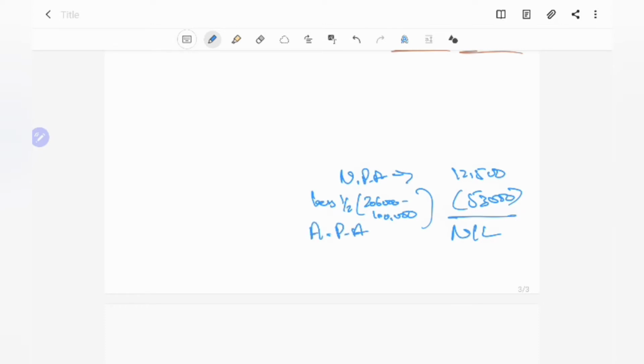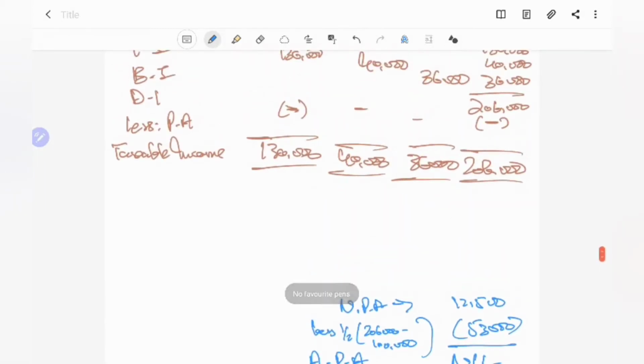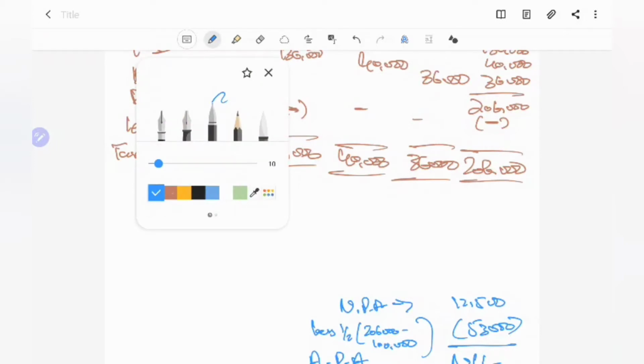Or you can also write the statement that, for example, if you are answering a written question, simply state that adjusted net income is greater than £125,000, so the personal allowance is reduced to nil. You don't need to do that much working. Now, as far as the income tax calculations are concerned, what do you say?